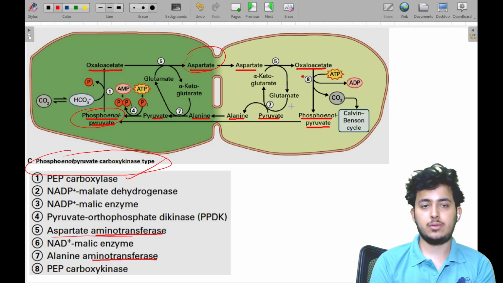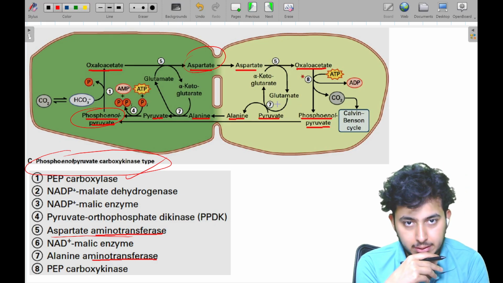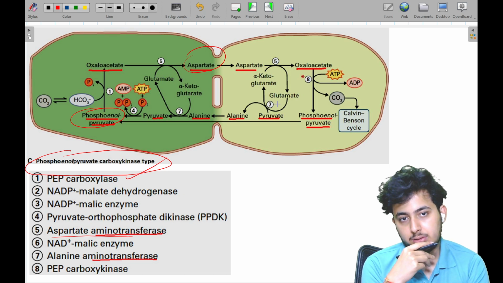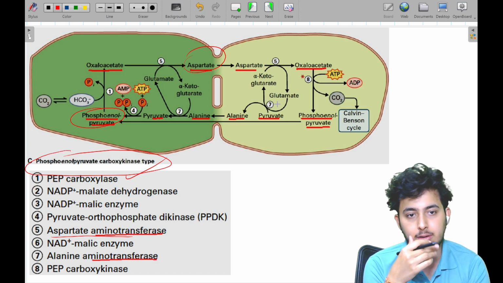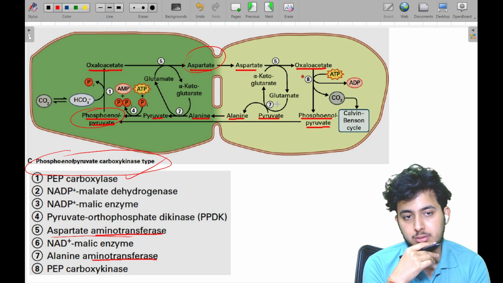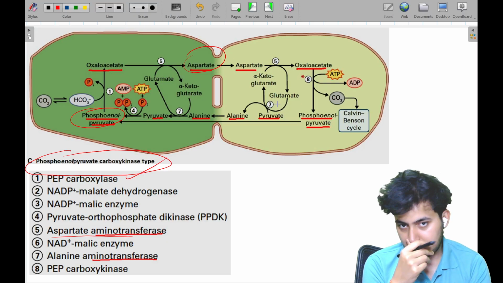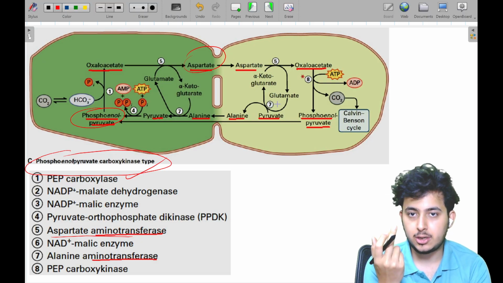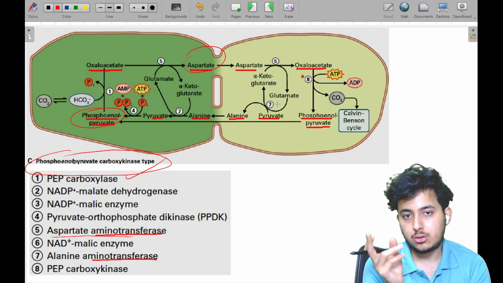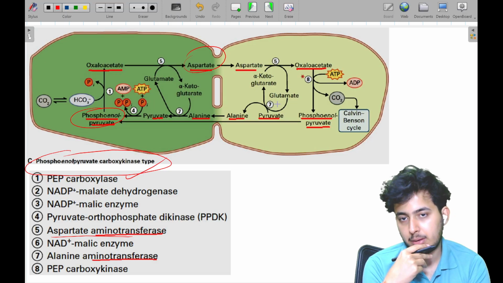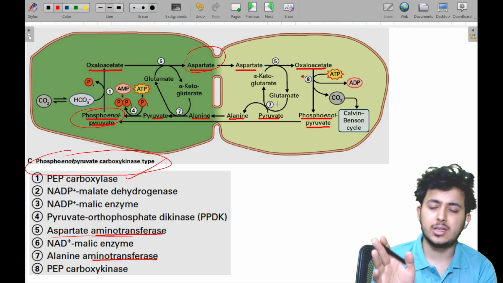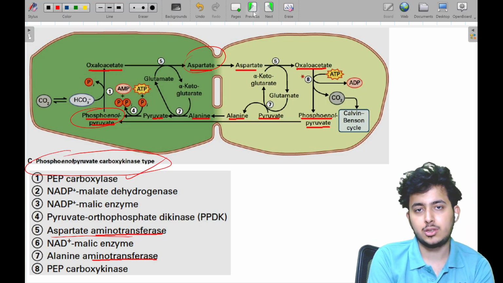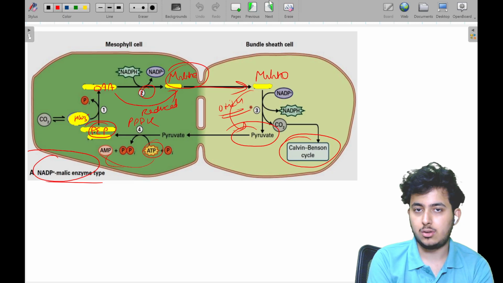So basically here the things are almost similar, and mostly you are having both the kinds of things, okay. So you are converting the oxaloacetate into aspartate, and then you are converting everything into PEP. So there are different variations, but the most important thing for your exam is this cycle, okay.